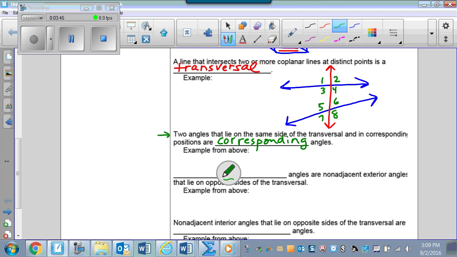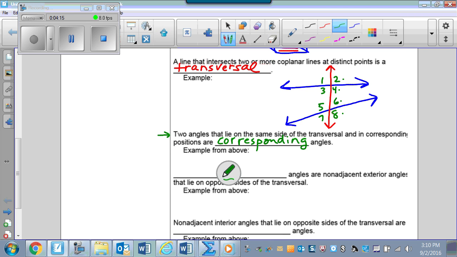Corresponding angles. So if we want to pick out a pair of corresponding angles, we know that all the angles that lie on the same side of the transversal would either be 2, 4, 6, or 8, or I could only pick 1, 3, 5, or 7 from the other side, but they have to be in corresponding positions, which means if one of the angles is below one of the blue lines, then the other angle has to be below the blue lines.